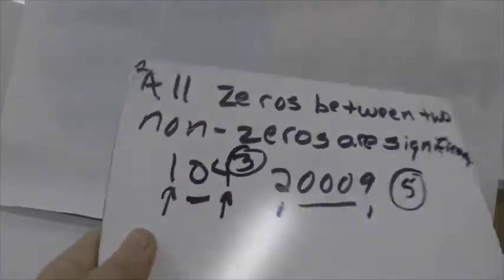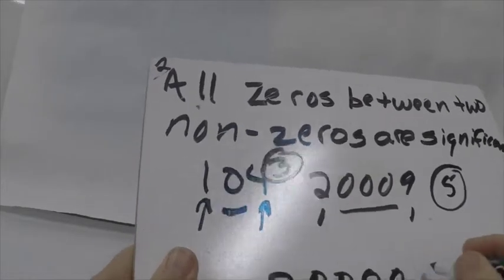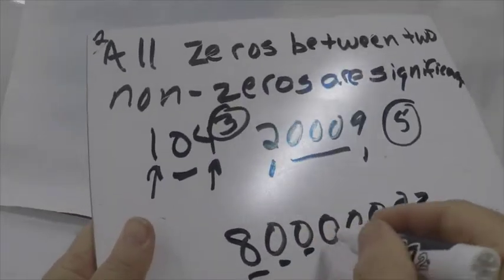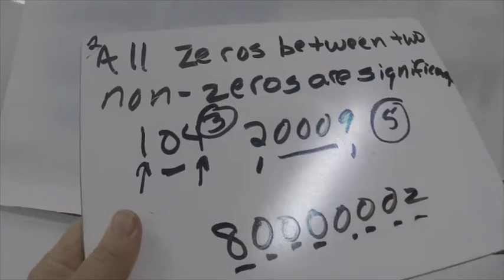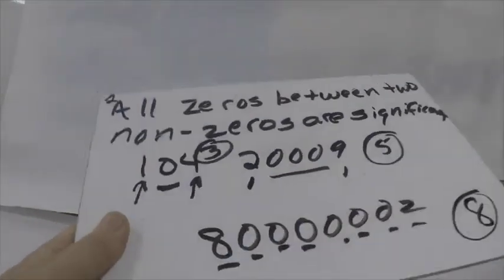This one has 3 significant digits. Or the number 8, 0, 0, 0, 0, 0, 0, 2 has 1, 2, 3, 4, 5, 6, 7, 8 significant digits. Easy rule so far, okay?